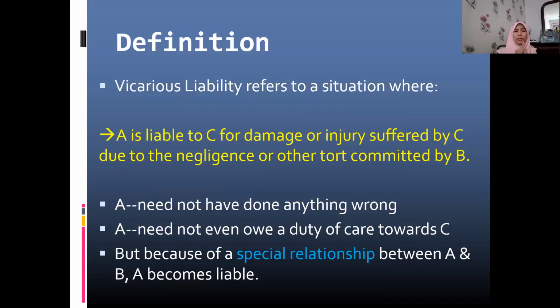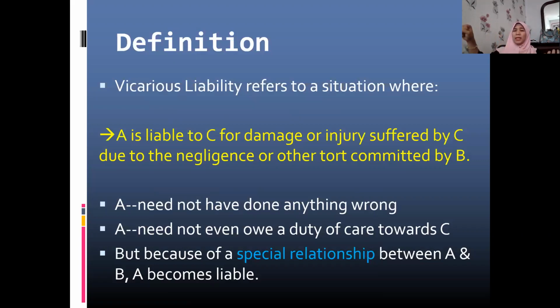So when we talk about vicarious liability in that situation, A need not have done anything wrong. It was not A who committed the tort. He wasn't the tortfeasor. And A need not even owe a duty of care to C in cases involving negligence.